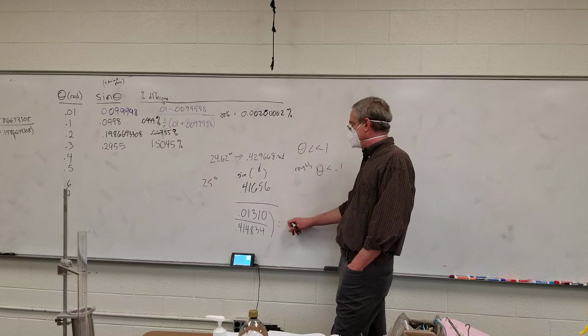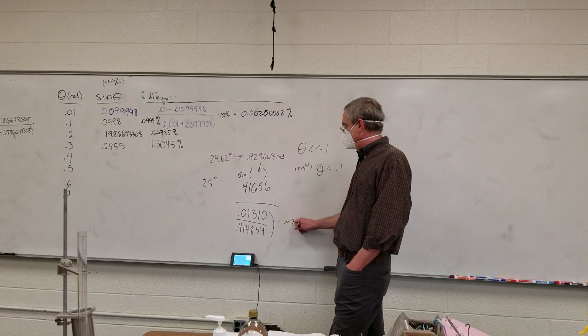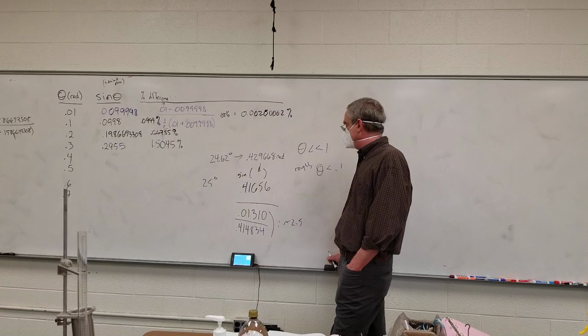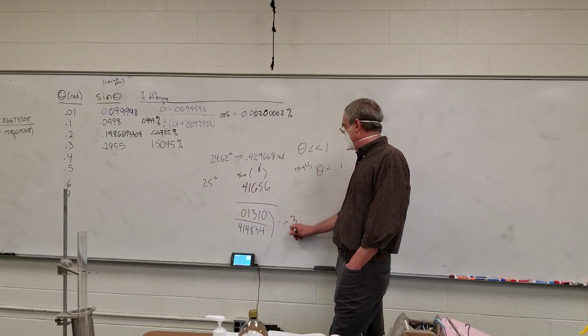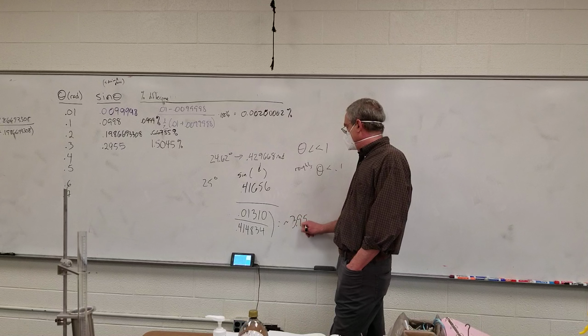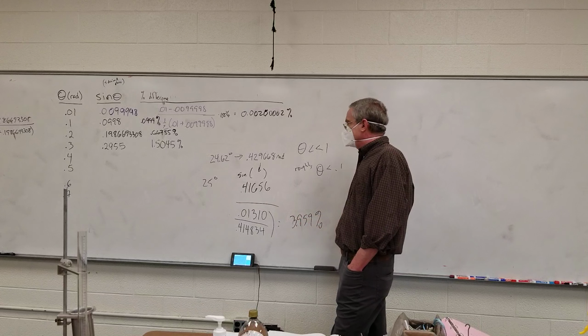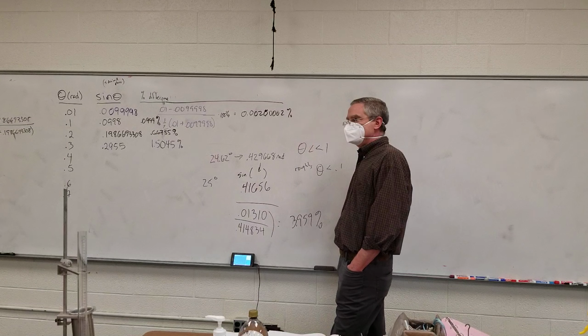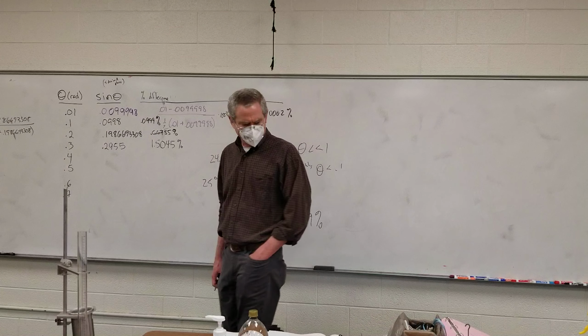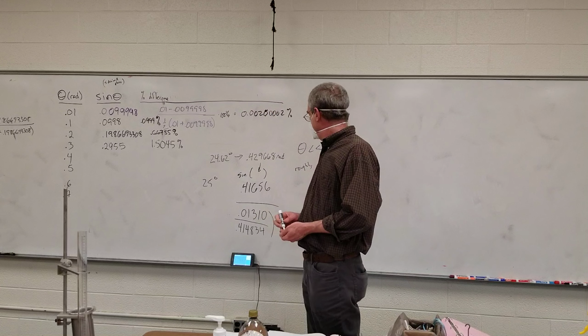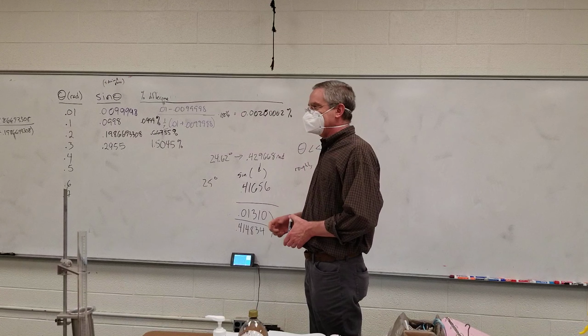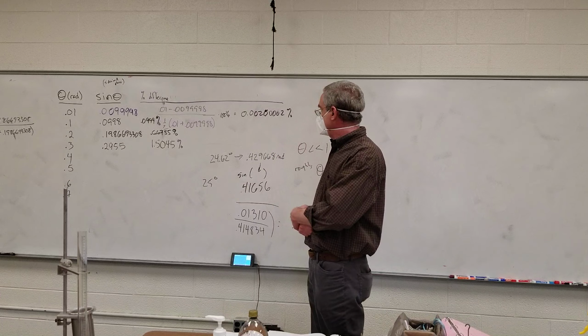Because this is what, about 2.5%? No, it's 3%. 3.959. All right, so I did say 10%, right? Yeah. Okay, so it should be 10. Yeah, at the point where you get to 10%, so it is a larger value than that. Okay.